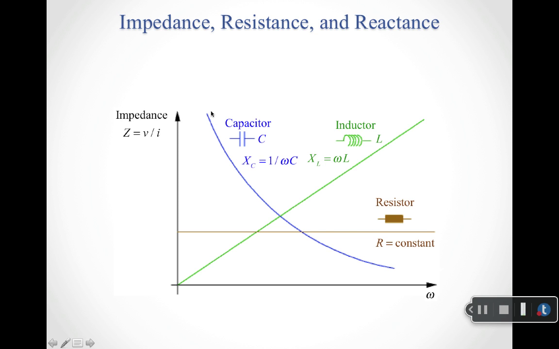What happens is, for the capacitor, it has a very high reactance, so it greatly opposes changes at low frequencies. An inductor doesn't have any problem with changes at low frequencies. Instead, what an inductor does is it opposes changes at high frequencies.